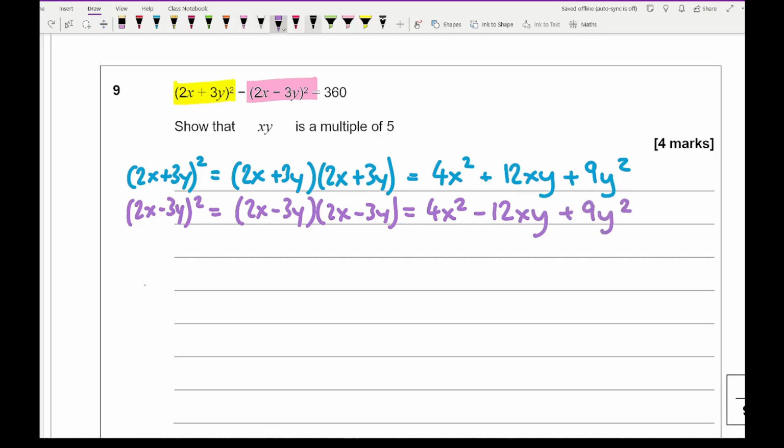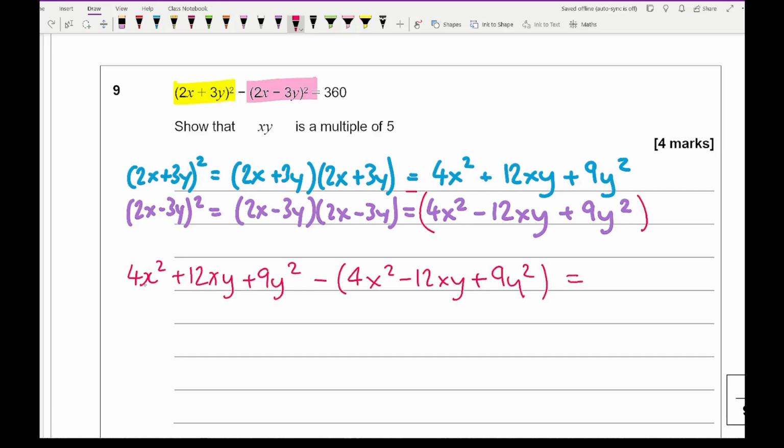Now for this, what I then need to do is just take the two things away. Now I'm going to put brackets around that second one. So I get 4x squared plus 12xy plus 9y squared minus 4x squared minus 12xy plus 9y squared, and that all equals 360.